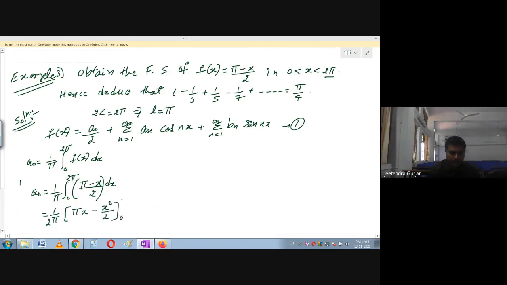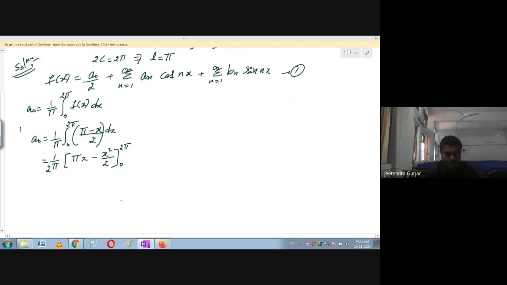So please remember this, limits 0 to 2 pi. First I will substitute 2 pi. If you substitute 0, it is 0 only, so don't worry. This is equal to 1 upon 2 pi as it is. So x is 2 pi, so this is pi times 2 pi minus 2 pi square upon 2, and the remaining part is 0.